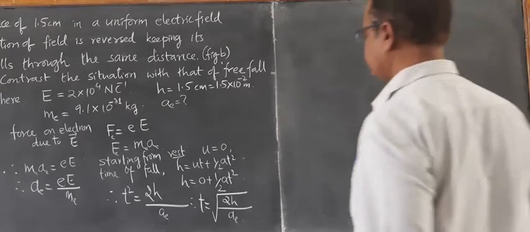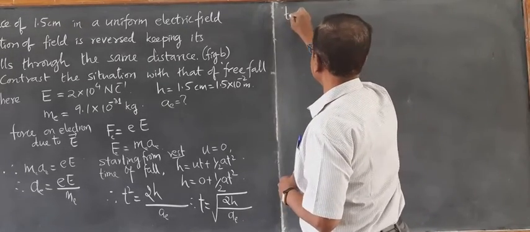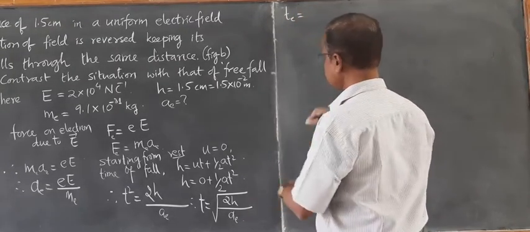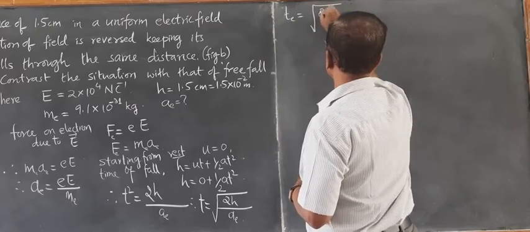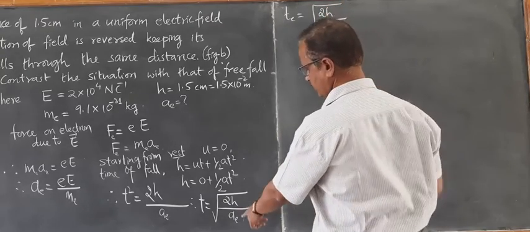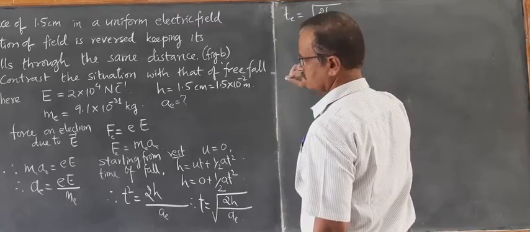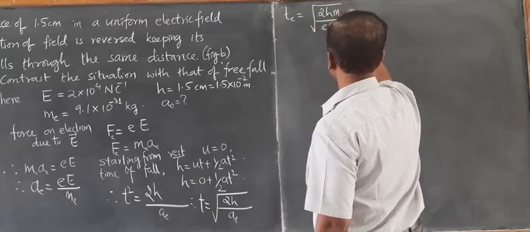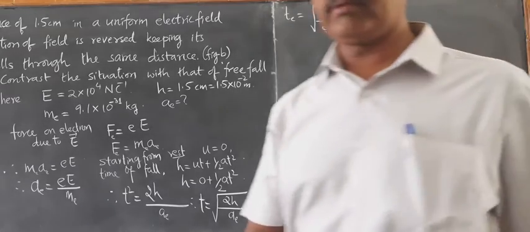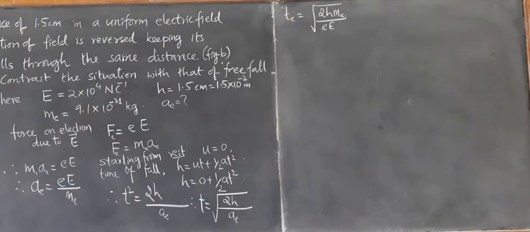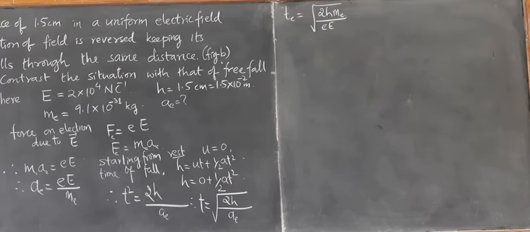So time of fall of electron t_e is equal to square root of 2h divided by a_e. a_e is eE upon m_e, so m_e comes to the numerator. That's how by substituting the values we will be able to calculate the time of fall of electron.